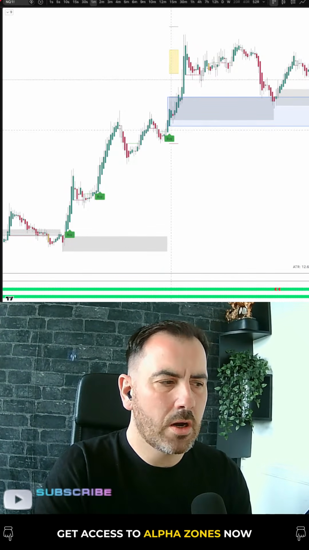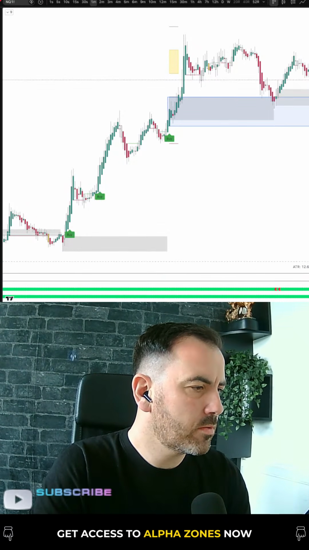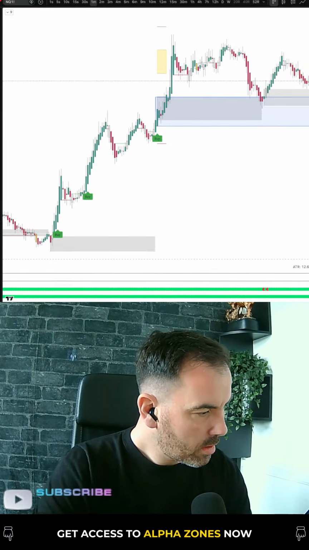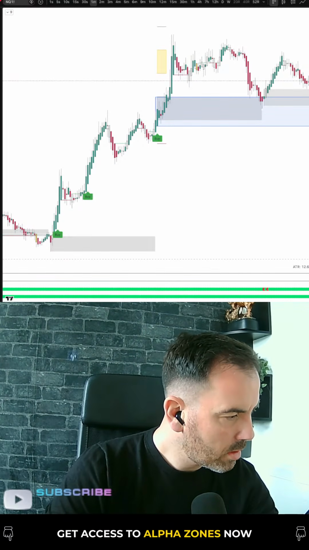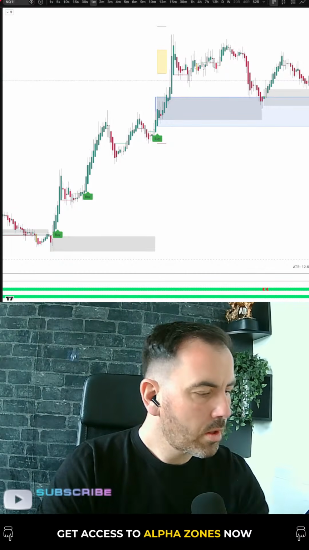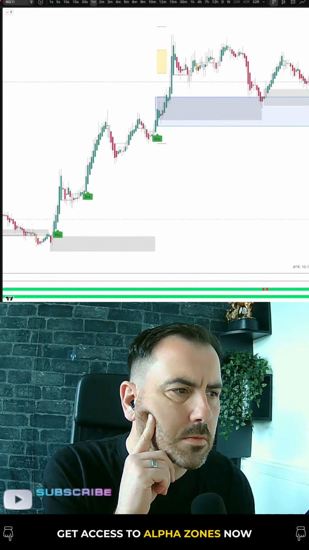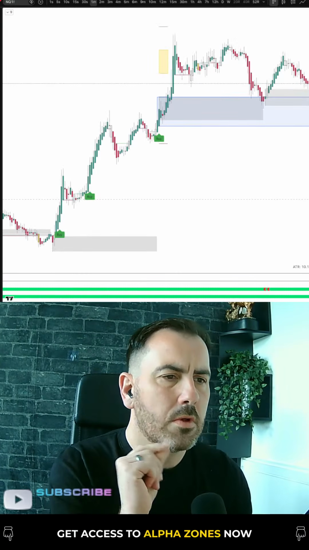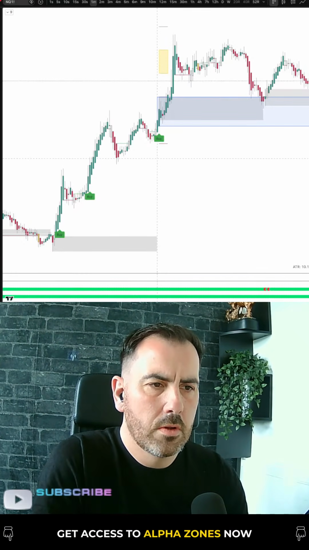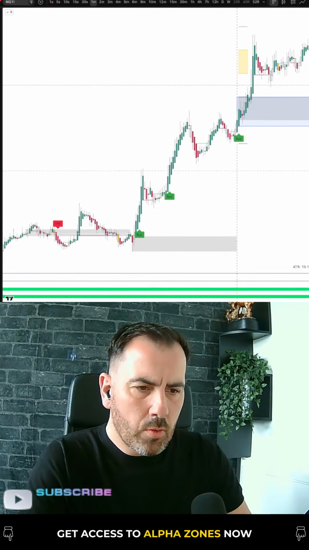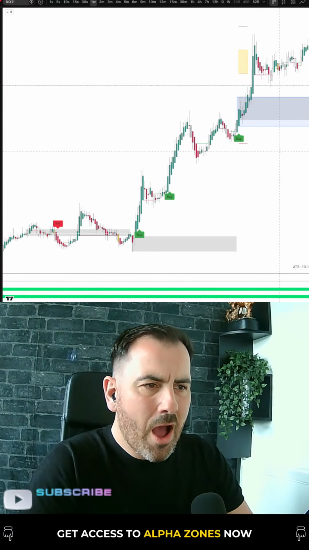Our grey boxes are what's called our 1 hour alpha zones. So we've got our 1 hour alpha zones, which are our higher time frame.